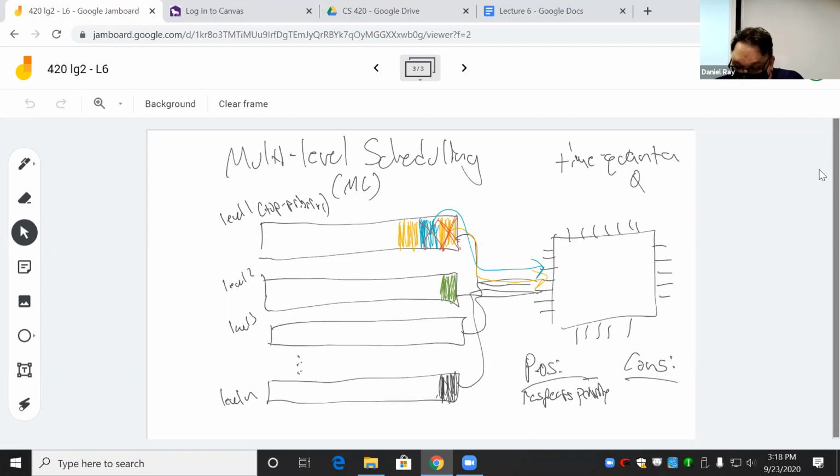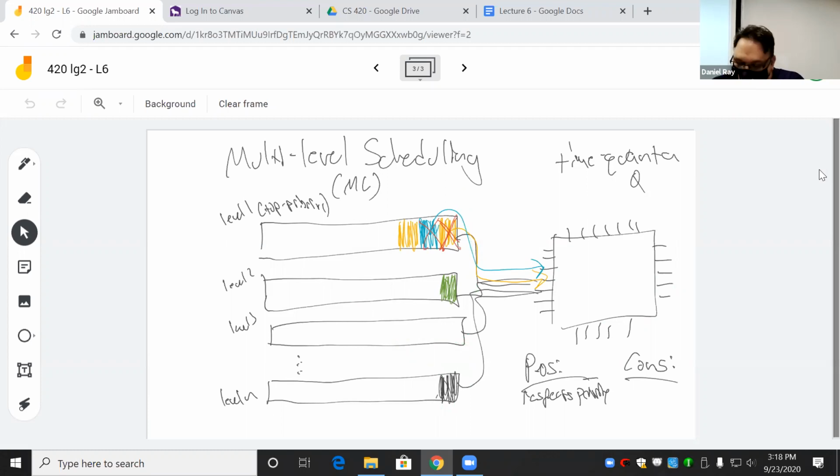What about this guy? What's likely to happen to him? Yeah, it may or may not get run. Things are arriving in this system all the time. This guy is guaranteed to have to wait for all things with higher priority that arrive to finish before him.